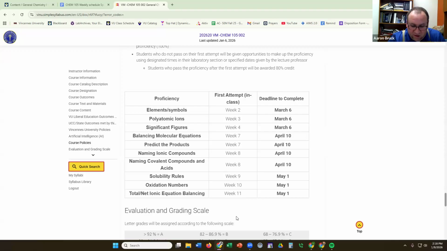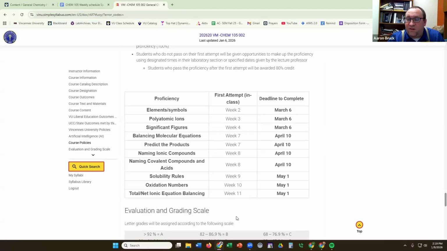I was just talking to the director, Katie Pesh, a couple of days ago. She's going to be able to not only offer the proficiencies, but also offer tutoring and help for them. She'll also be able to grade them, which is fantastic because you'll know exactly what you need to do if you don't pass the next time.